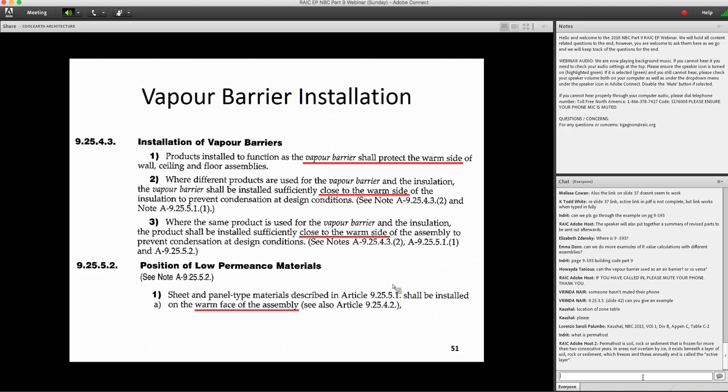Position of low permeance materials. So again, the low permeance material is this closed-cell spray foam, for example, and it has to be installed on the warm side of the assembly. And this has to do with another thing. You want to prevent vapor coming from the inside to the outside because we are in a heating-dominated climate, most of our country or all of our country.